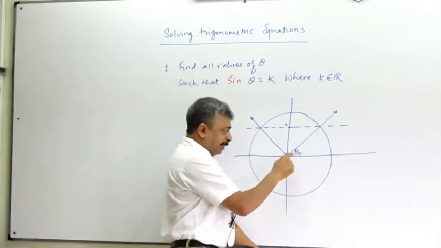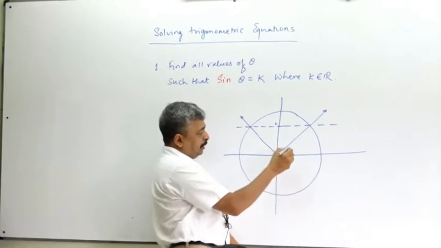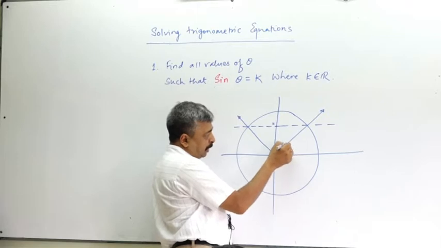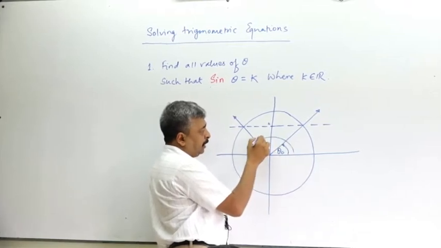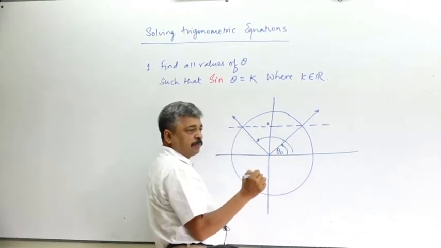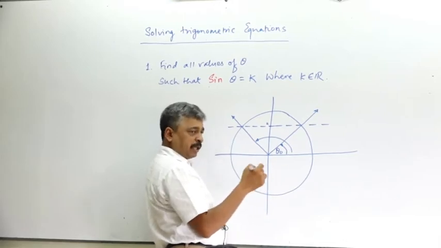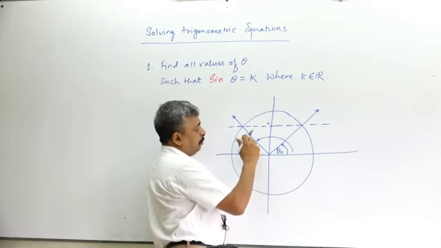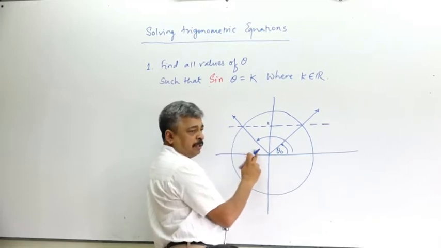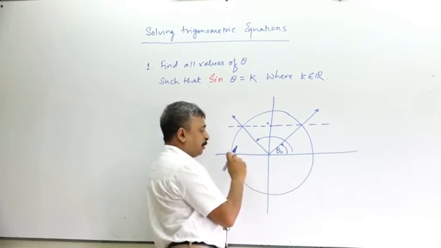And then this theta naught is one solution, and this angle from this is theta naught, and then this angle is another solution, which is pi minus theta naught, because this angle is theta naught and we are supposed to subtract it from pi.